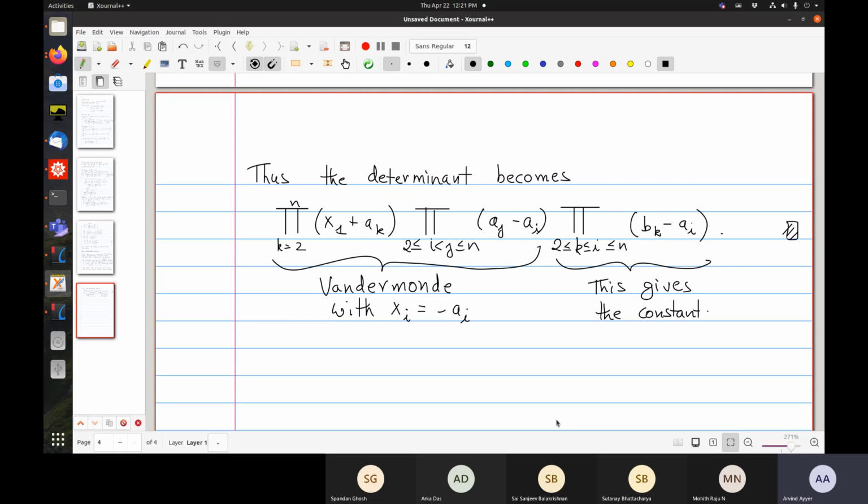Okay. So now we have thus completed the proof of MacMahon's box formula.